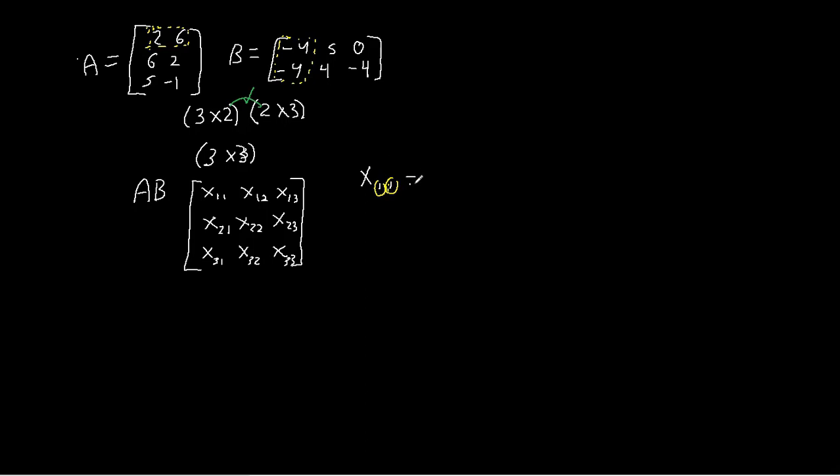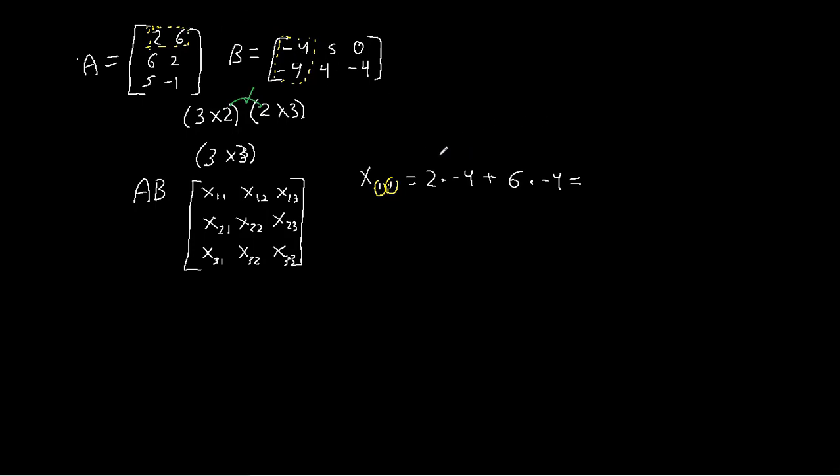That's just saying, right, 2 times -4. That's the first element in this row times the first element in this column, plus 6 times -4. That's the second element in this row times the second element in this column.